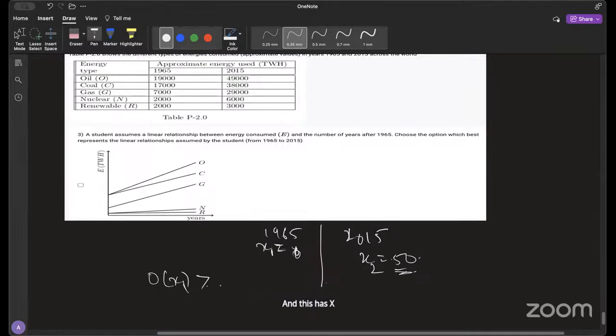So OX1 is greater than CX1, and this is greater than GX1. This is greater than NX1, and this is the same as RX.